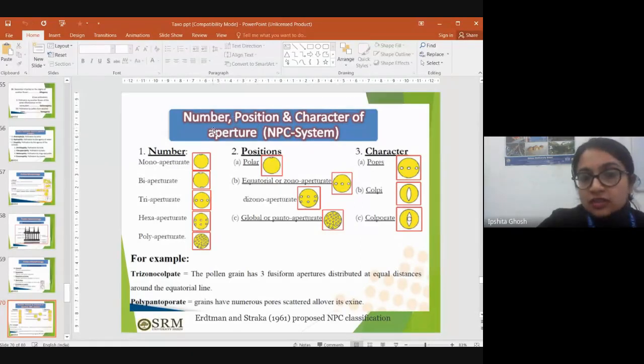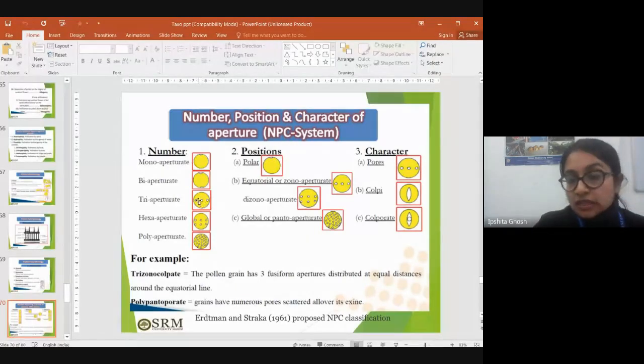So these apertures are very crucial to be observed on pollen grains, and they are available in different numbers, or at different positions on the pollen grain, as well as their characters could be different. Okay, so I'll come to that one by one.